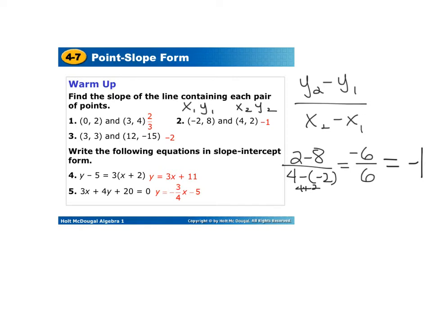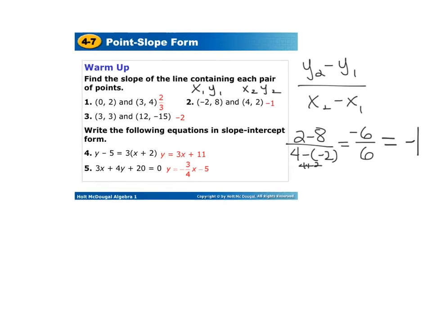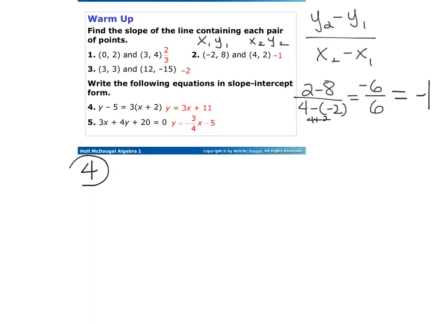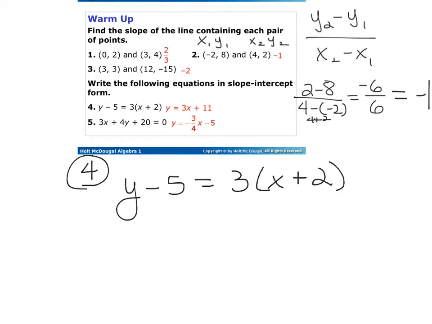Now, the next ones, 4 and 5. On number 4, this equation that's given to us is actually point slope form. We haven't learned it yet, but this is what it's called. They want us to make this into slope-intercept form. To do that, I need to distribute and then move the 5. So the first thing I'm going to do is distribute the 3 to the x and to the 2.